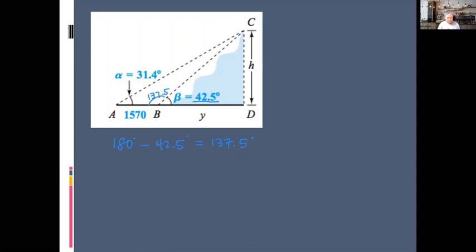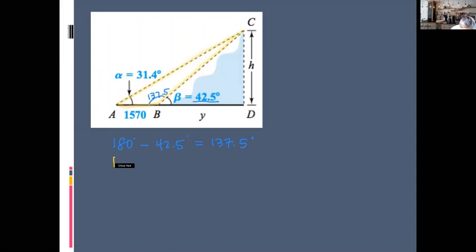Here. Okay, now I know the measure of angle alpha, and I just found the angle measure next to angle beta. Then within the triangle highlighted in yellow, we can find the third angle on top as well. How do we find it? You can subtract the other two angles from 180 again.